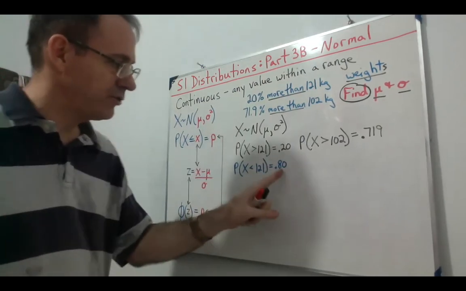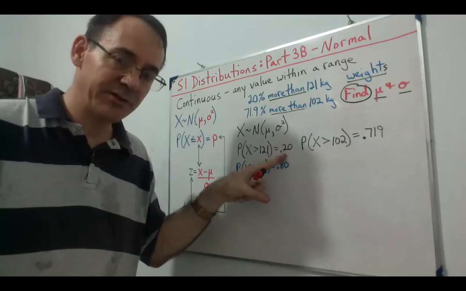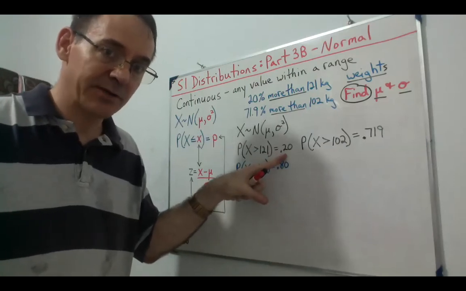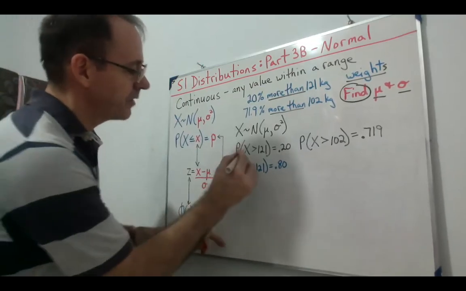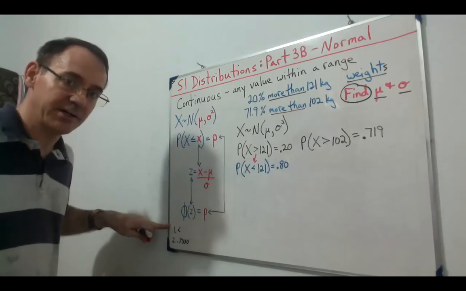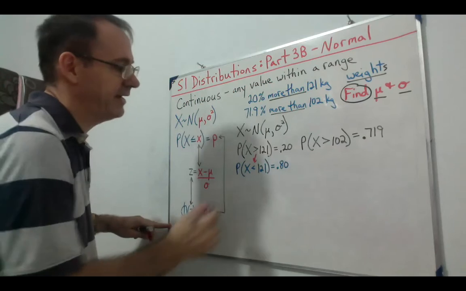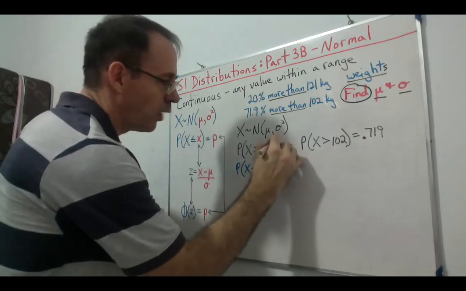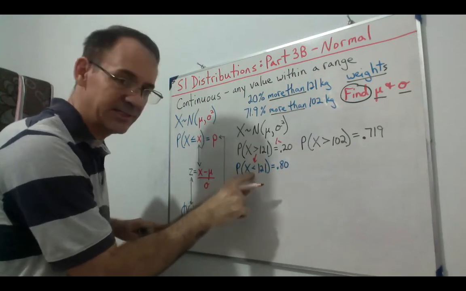The reason we want to do that is because we can't look up 0.20 on the phi z chart anyway. It starts at 0.5. So we made the adjustment by flipping the inequality, because the chart is for less than, and we did 1 minus the probability.